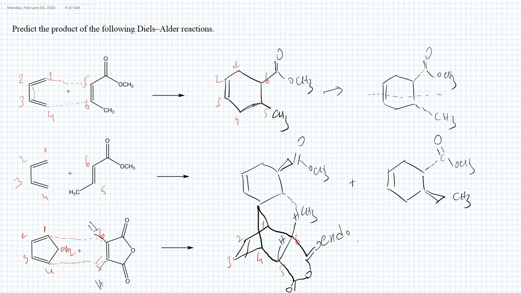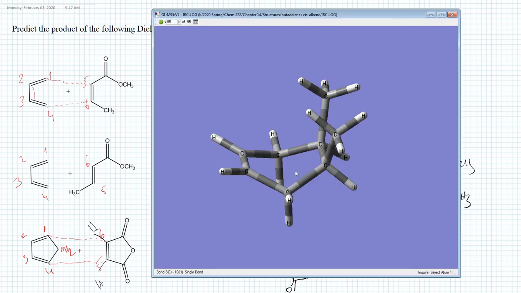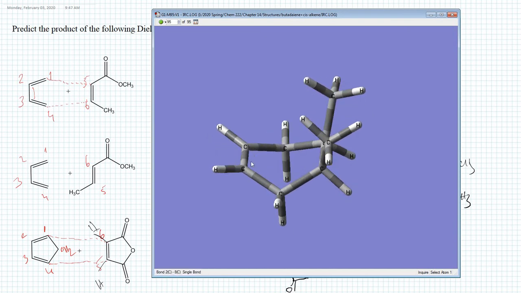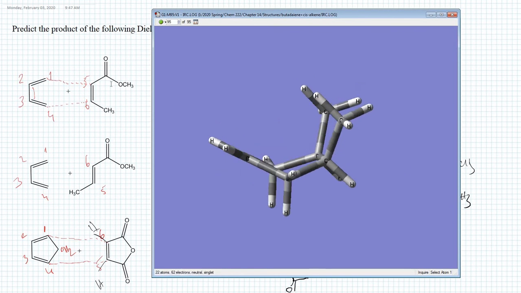So let's see how they look in 3D, from question 1 and question 2 to question 3. I prepared some files containing 3D structures. Basically, this is the resulting cyclohexene. It's not the same groups.